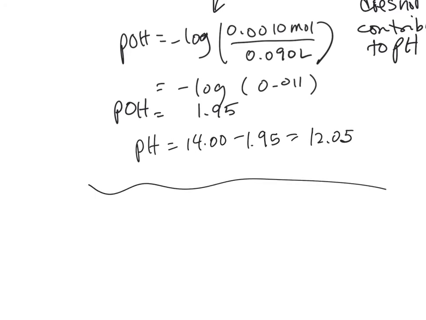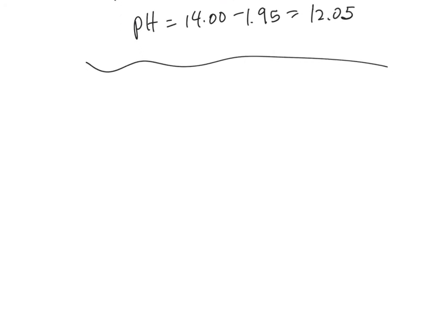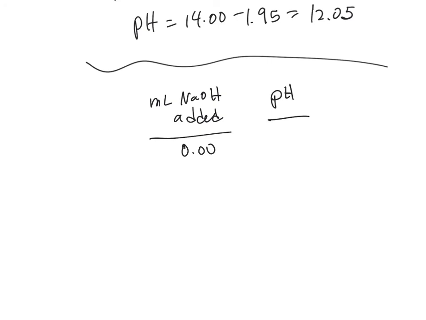All right, so we saw what happens after the equivalence point. The pH increases dramatically. So if we made a list here of our milliliters NaOH added, and then the pH, you had 0, 20, 40, and 50.